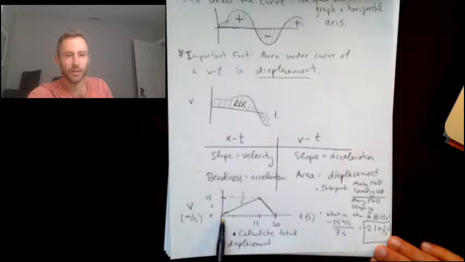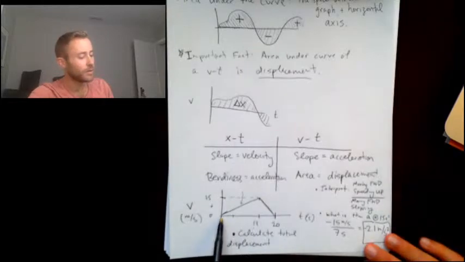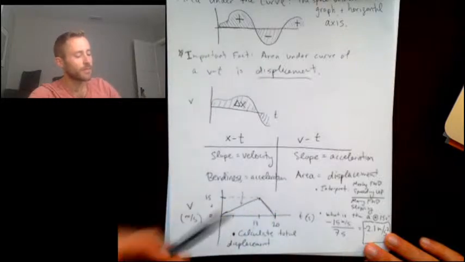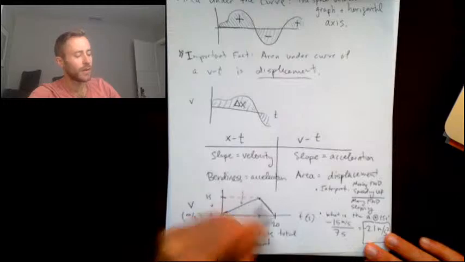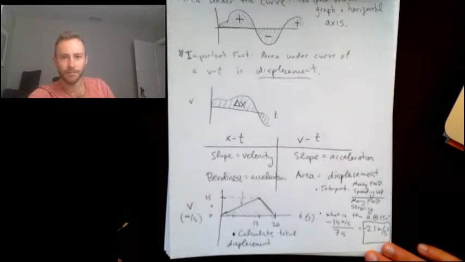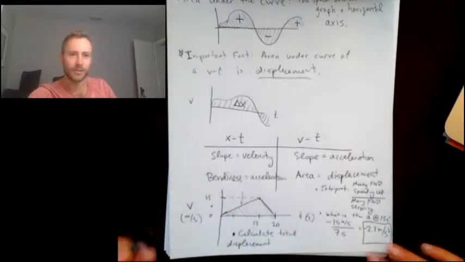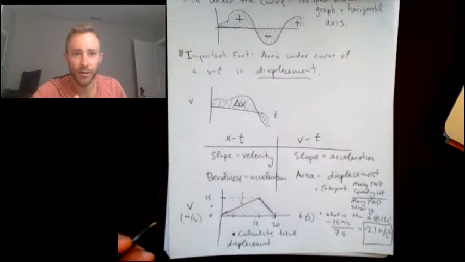So I'm going to shade in the area that I'm interested in. So here's the horizontal axis, here's the graph. So that is the area I need to calculate. And I can see that that shape is just a triangle.